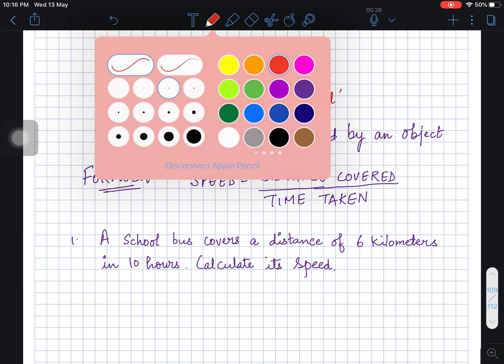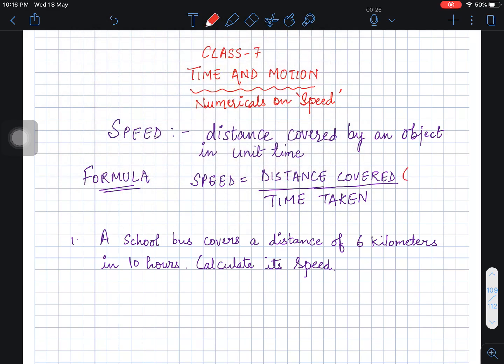Now we very well know that distance will be in kilometer or meter, but the SI unit is meter, so I'm writing meter. Similarly, the time will be in second, minutes or hour. The SI unit is second, so I'm taking second. So the unit will come as meter per second.